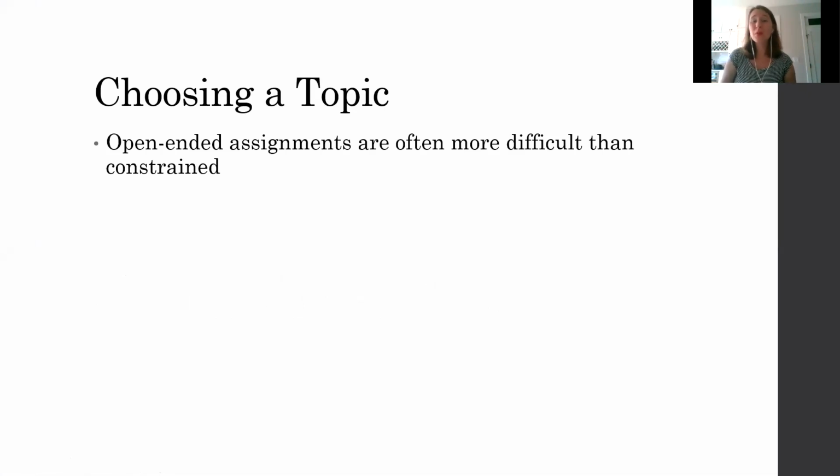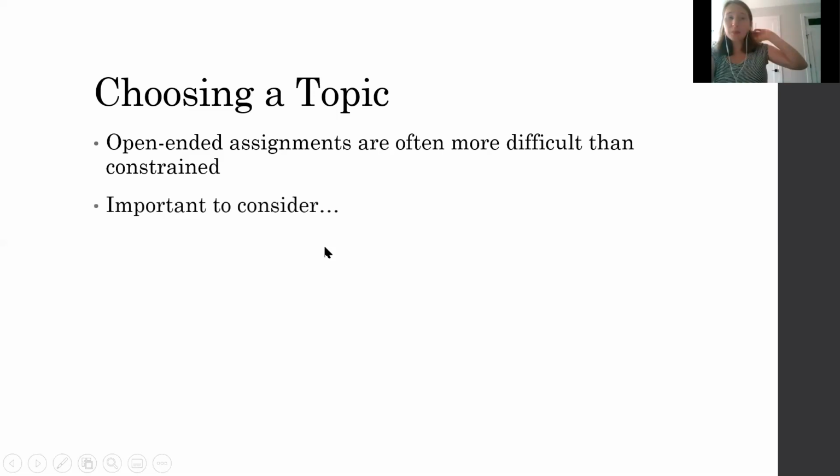It is much, much harder to start an open-ended assignment. In some ways, open-ended assignments are more exciting because you can do whatever you want with them for the most part, but it can also make them a lot more scary because you don't have much direction at all, and it's much easier to work within the constraints that are given to you by a professor or an advisor. So it can be pretty intimidating to just come up with your own topic, okay?